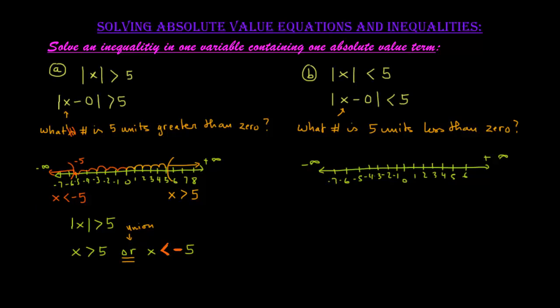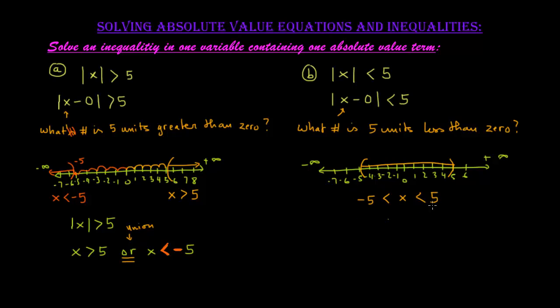So we know that -5 and 5 are 5 units away from 0, which means any number between 5 and -5 will give you a distance less than 5 units away from 0. So the answer looks like this: -5 less than x less than 5, which means x between -5 and 5.